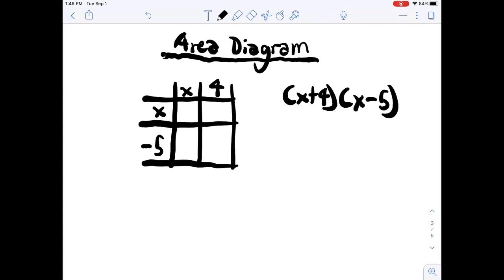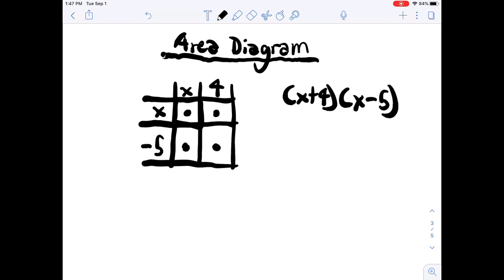And from here, we add numbers in these 4 empty squares. That comes from the multiplication of these terms. So this square here will be x times x. This square will be x times -5. This square will be 4 times x.